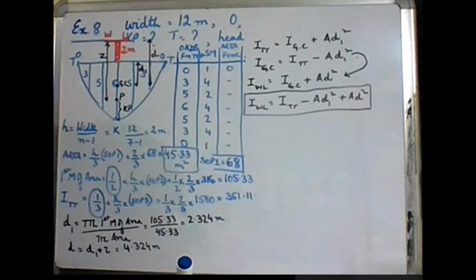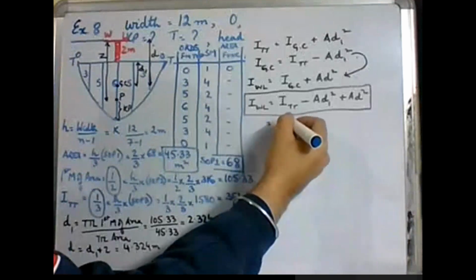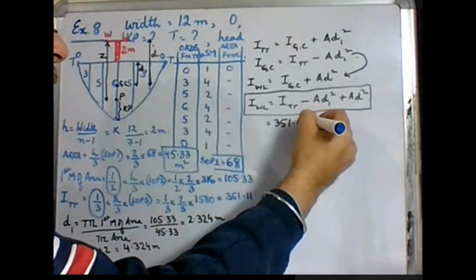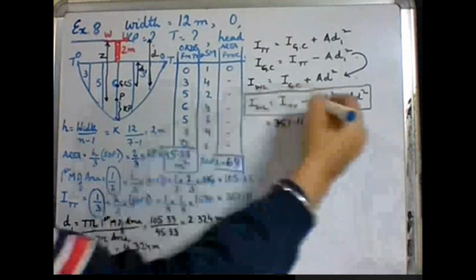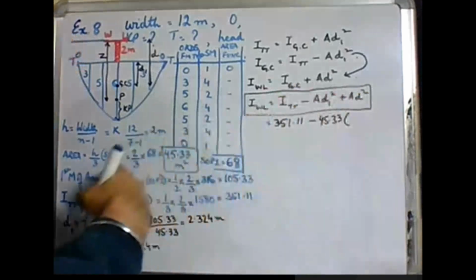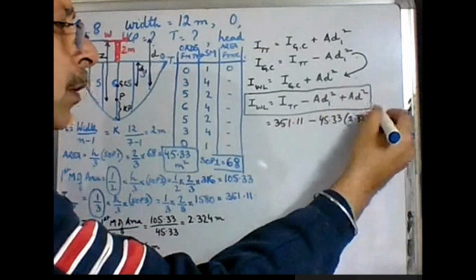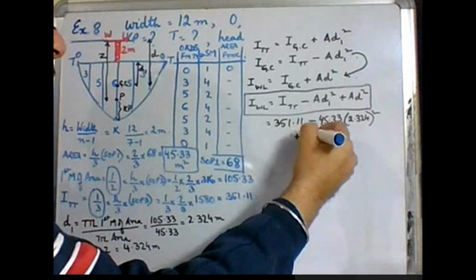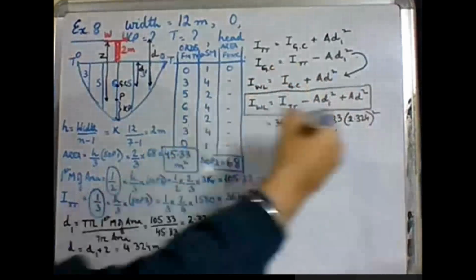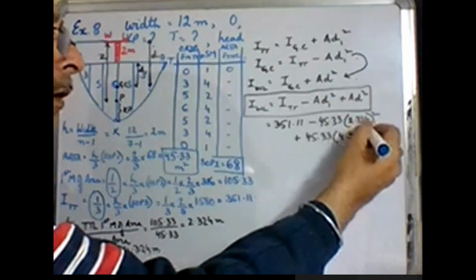Yes, sir. So now you put the values: ITT is 351.11 minus A, 45.33 into D1, 2.324 square, plus 45.33 into D square, 4.324 square.